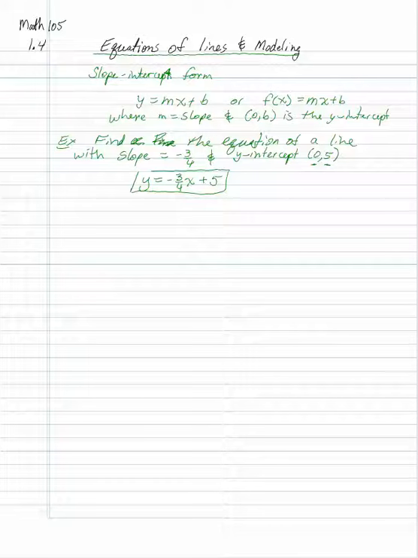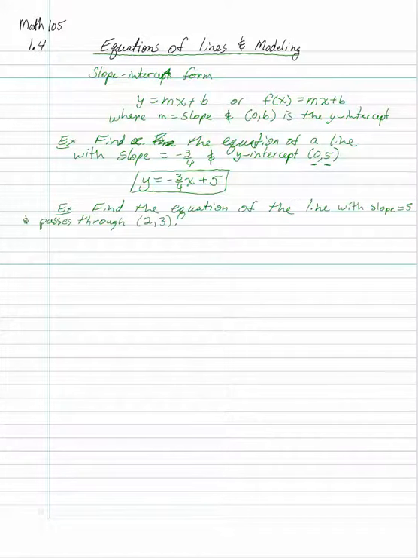Okay, now a little harder would be: find the equation of the line. I give you a point that's on the line, like (2, 3), and the slope is 5.